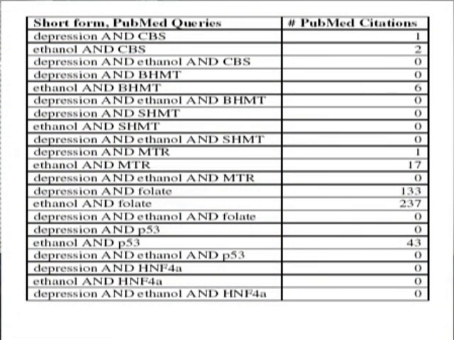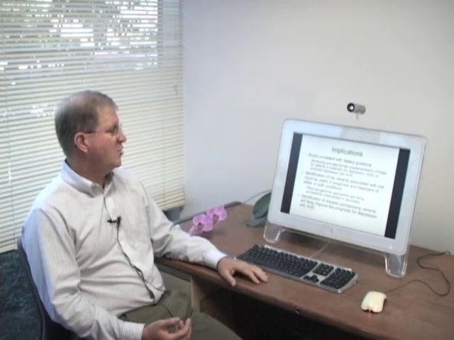There are some, like BHMT, where we have some evidence of an influence on or by ethanol, but there's not a lot of evidence already in the literature for these effects. In spite of that lack of evidence, we do have a model now that is consistent with long-standing dietary guidance of monitoring and potentially supplementation of folate for patients in treatment for depression, alcohol use disorders, or the comorbidity.